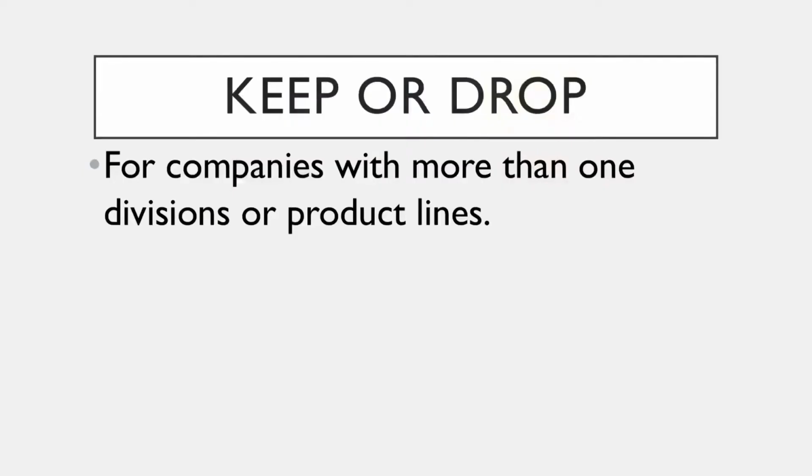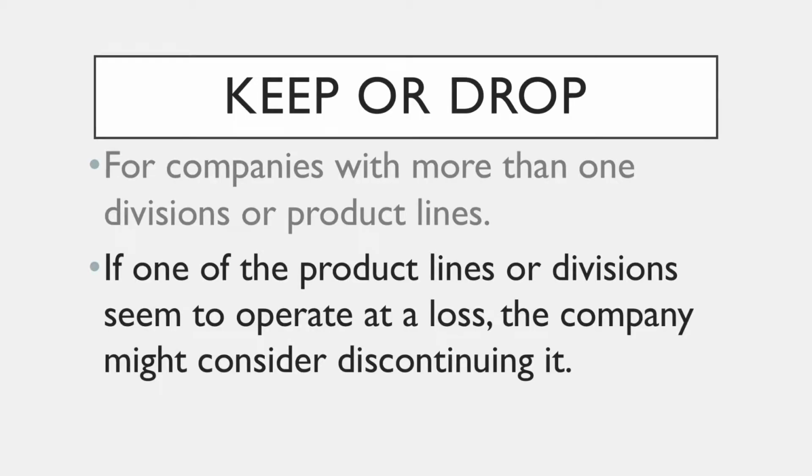Keep or drop decisions. In a keep or drop decision, these are for companies with more than one division or product lines. If one of the product lines or divisions seems to operate at a loss, the company might consider discontinuing it.